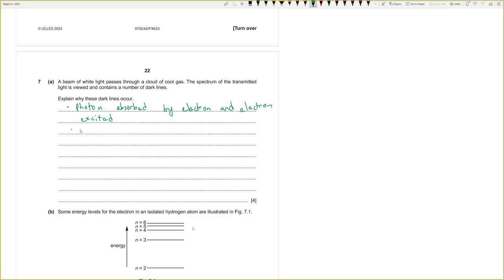This photon that the electron absorbed has energy equal to the difference in energy of two energy levels. Okay, fine.